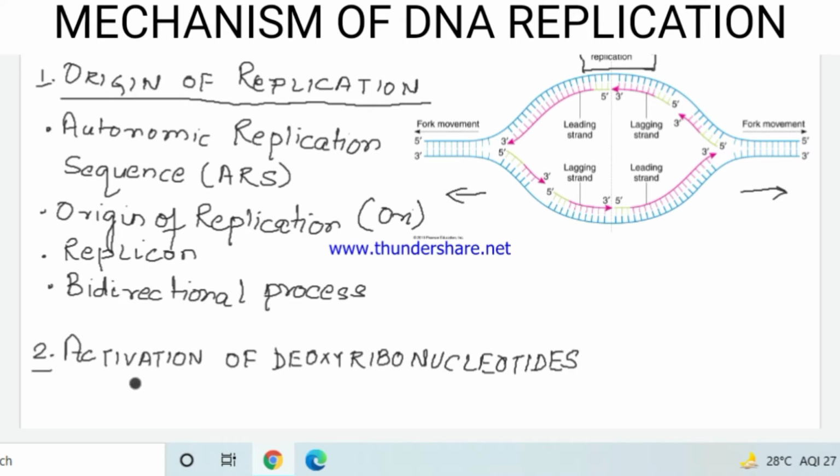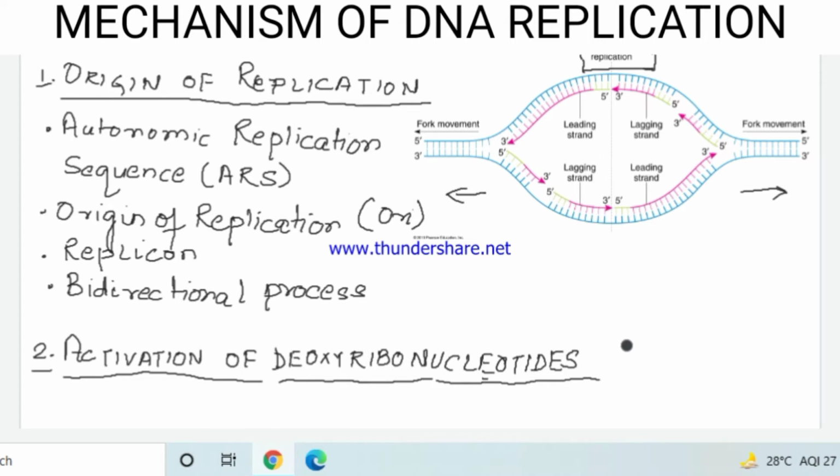So what happens in activation of deoxyribonucleotides? Actually, there are 4 types of deoxyribonucleotides that you know, that is deoxyadenosine monophosphate, deoxyguanosine monophosphate, deoxythymidine monophosphate, and deoxycytidine monophosphate.